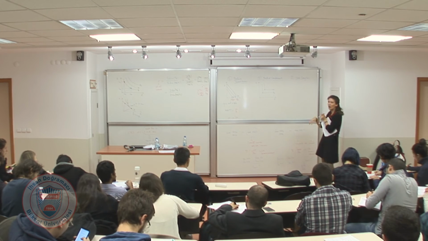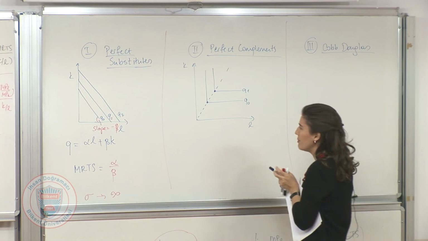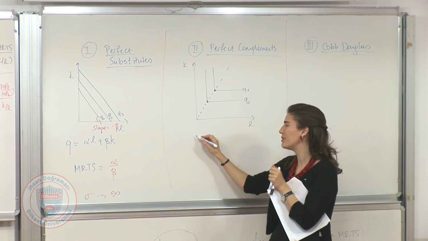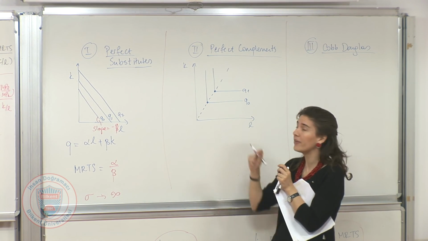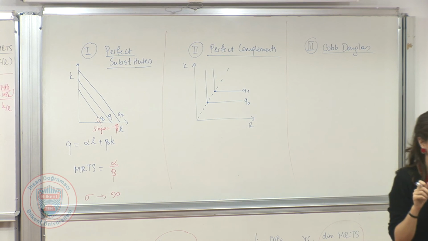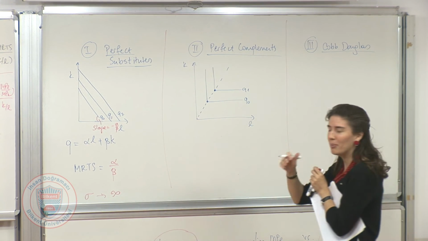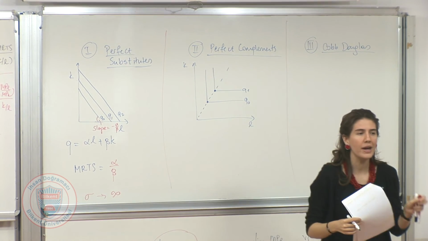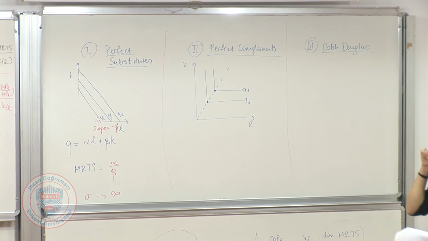These were called Leontief and such. Remember? How were we writing this production function? How were we writing the utility function for perfect complements? It was the minimum, right? Okay, let me tell you. Suppose I would like to have, let's say, perfect complements.